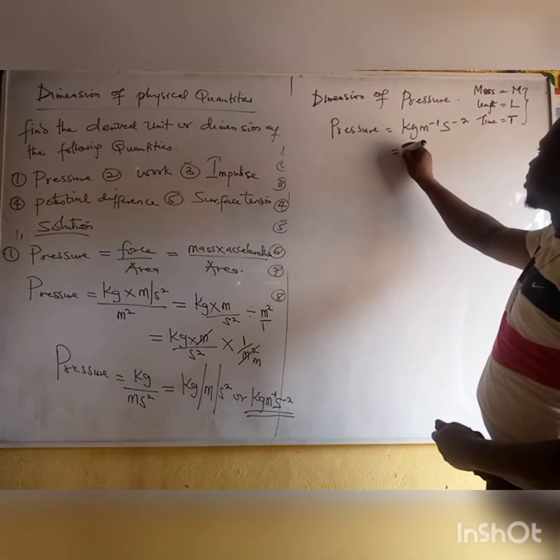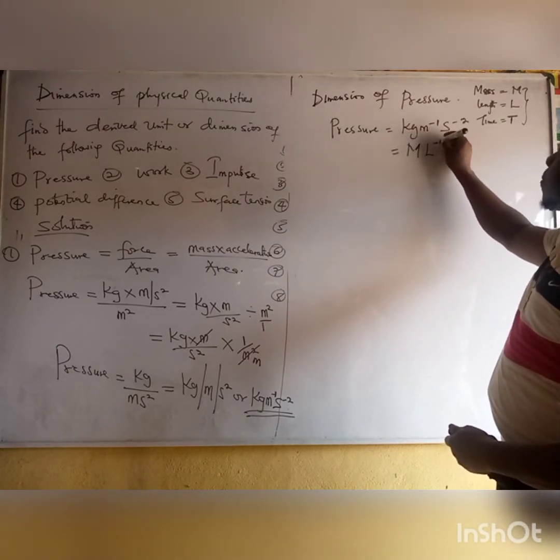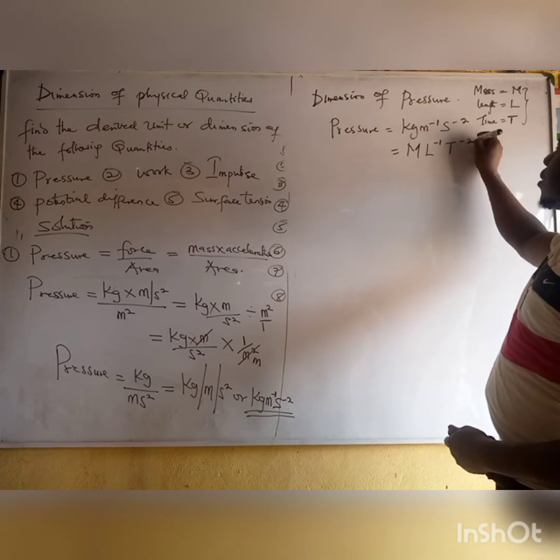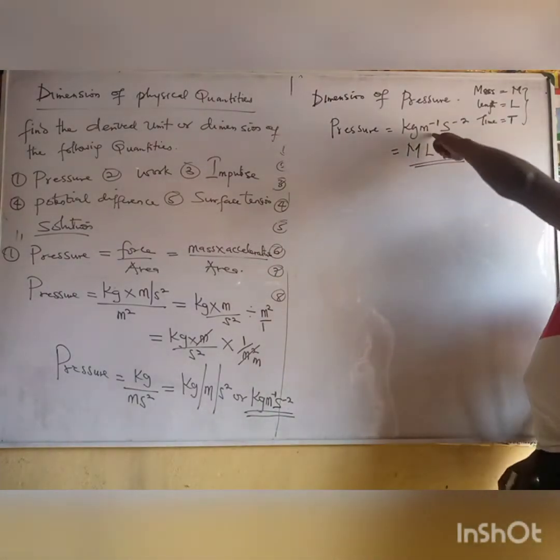So the dimension is M L minus 1 T minus 2. This is the dimension of pressure, while the other is the derived unit of pressure.